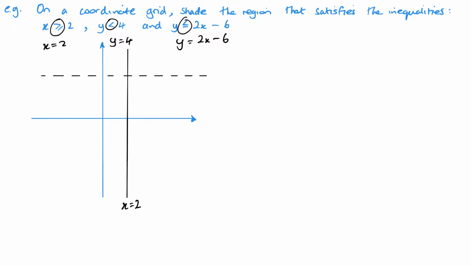Then my final graph here is y equals 2x minus 6. Plot a couple of points here, for example, when x is 0, y is minus 6, so that coordinate is kind of obvious.